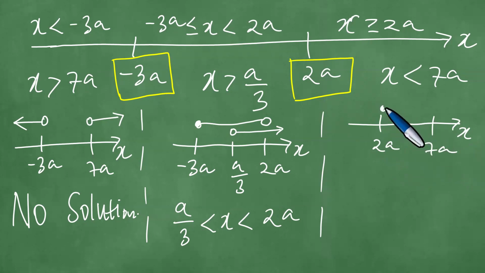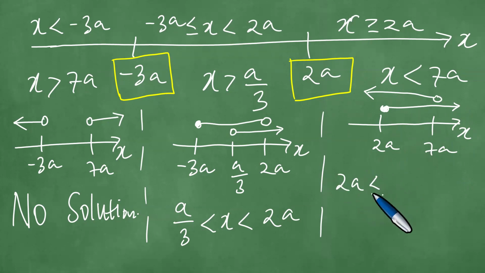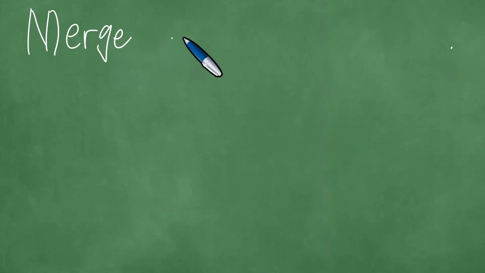There's an overlap here, meaning 2a is less or equal to x less than 7a. So with this said, we continue to merge overlapping.